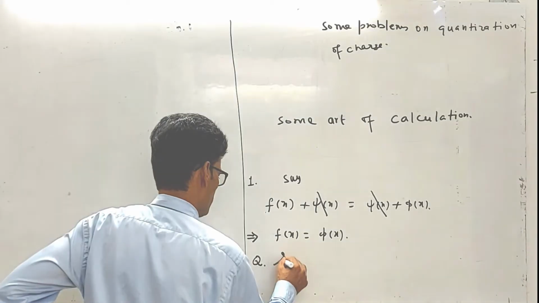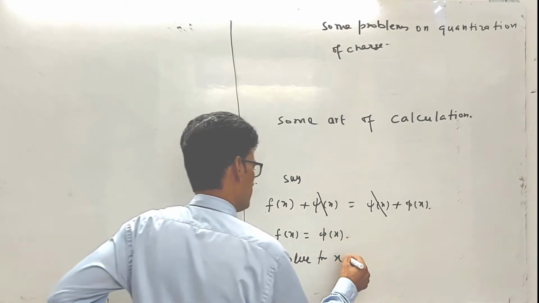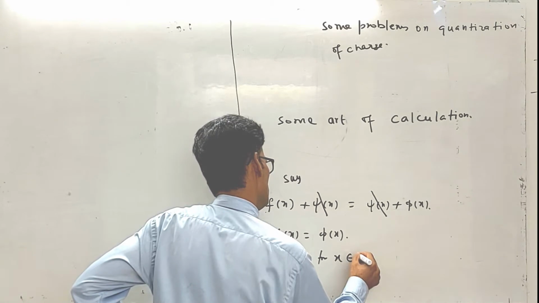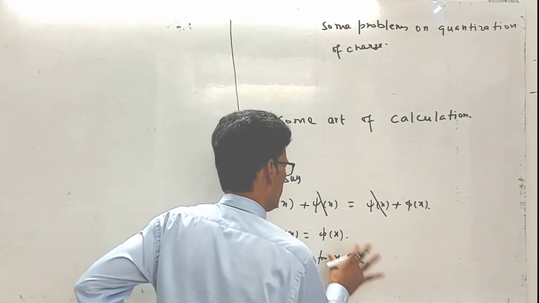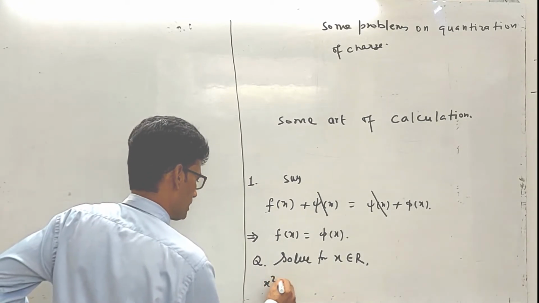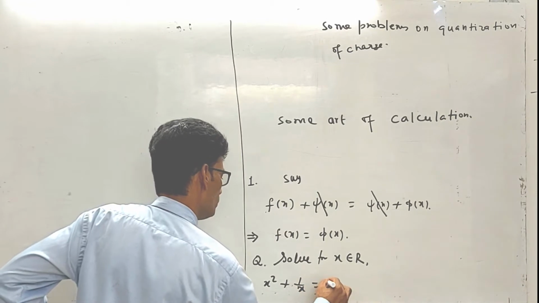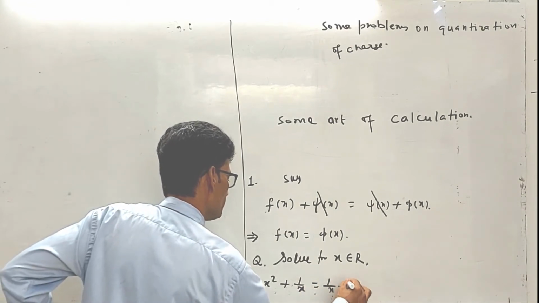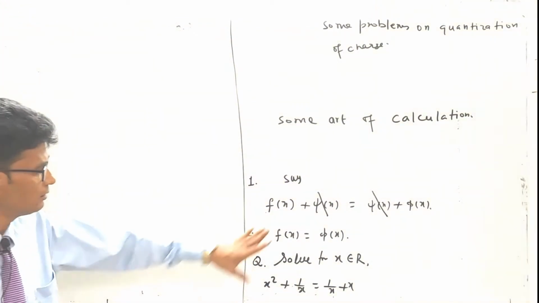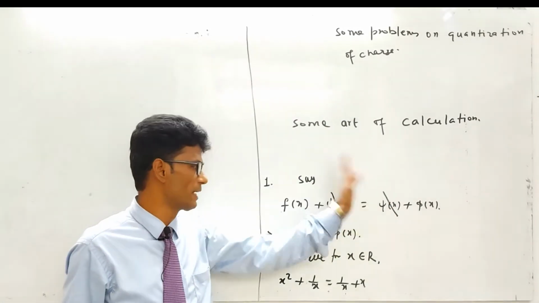Solve for x, where x belongs to the real numbers. So here x square plus 1 by x is equal to 1 by x plus x. Now, on the left hand side psi of x and also on the right hand side psi of x, we cancel it out.